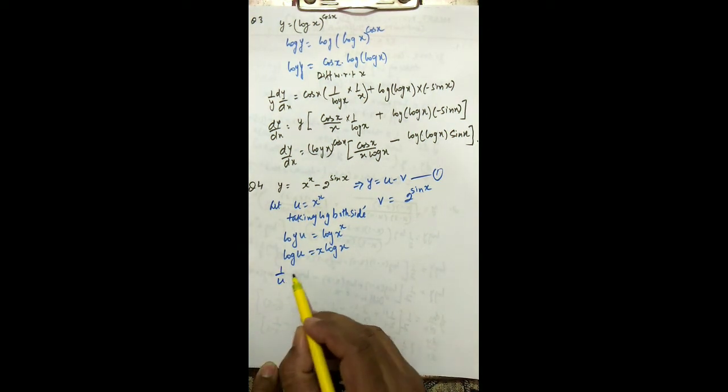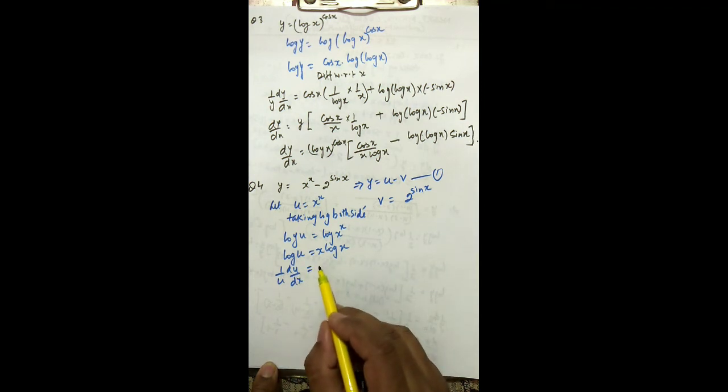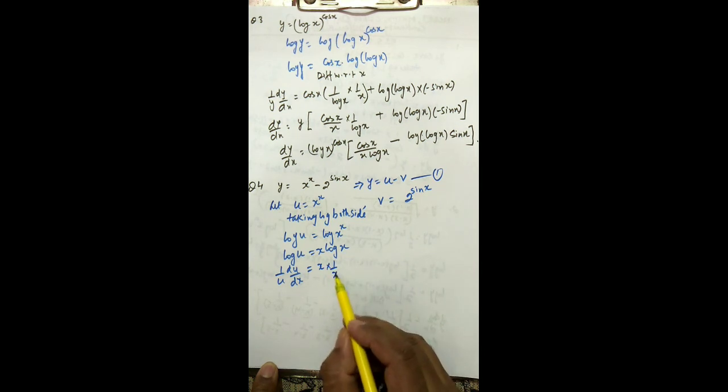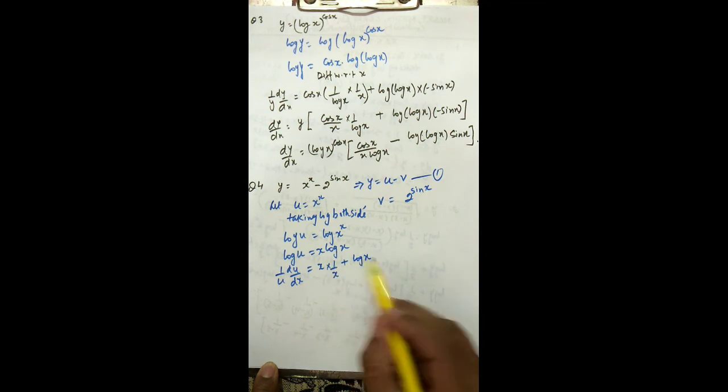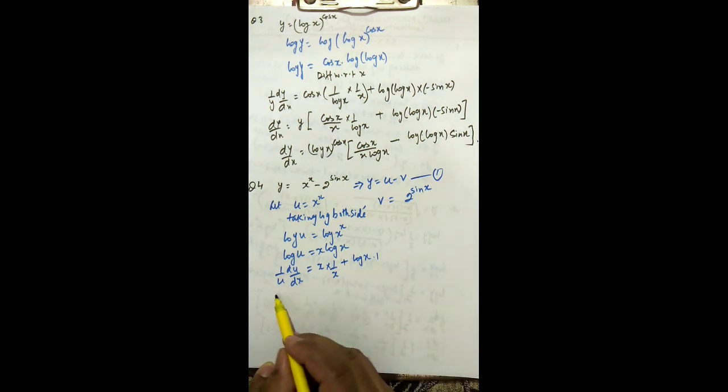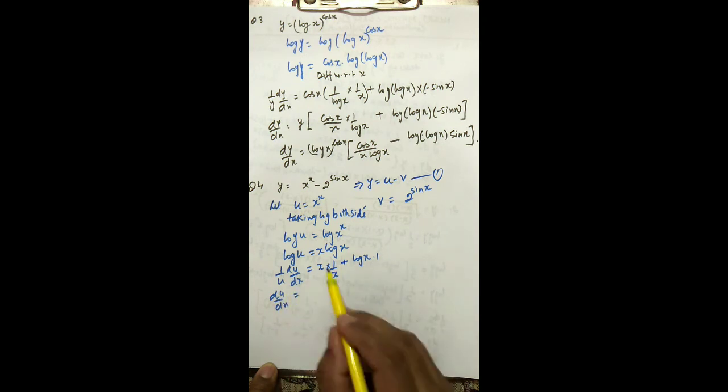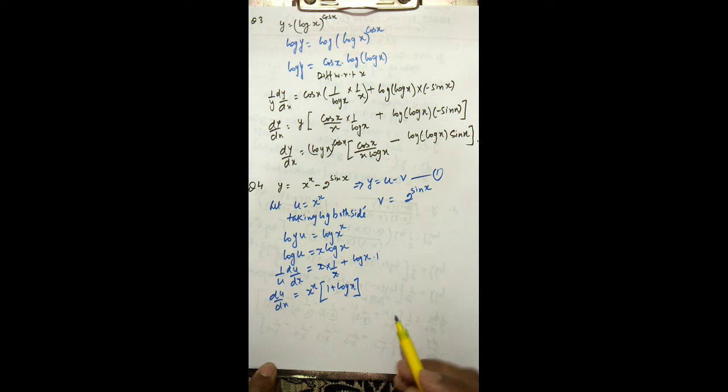So 1 upon u du upon dx, and you apply the product rule: take x as it is, derivative of log x is 1 upon x, and then take log x and the derivative of x will be 1. So du upon dx, multiplying by u, which is x to the power x, is x to the power x into 1 plus log x. So we have found the value of du upon dx.